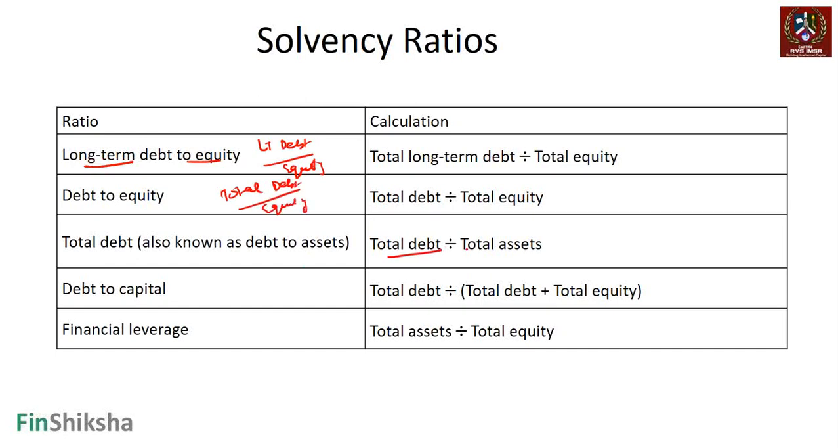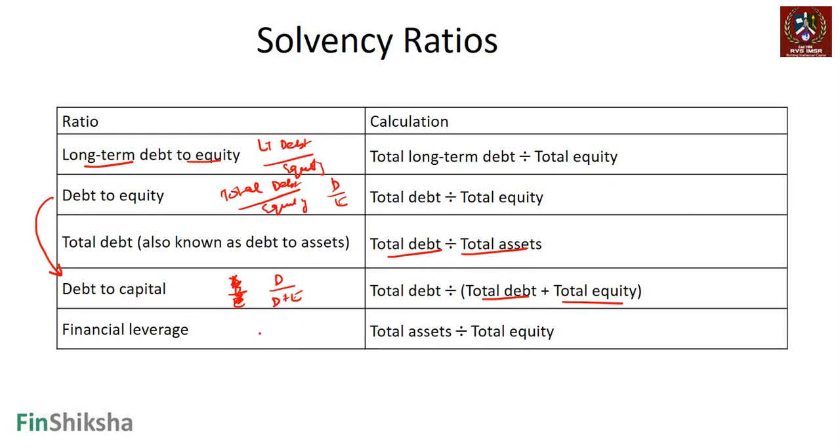And then you can take total debt by total assets, and debt to capital, which is total debt divided by total debt plus total equity. That's an extension of the debt to equity ratio. So debt by equity or debt by debt plus equity. That's the difference. This is D by E and this is D by D plus E.